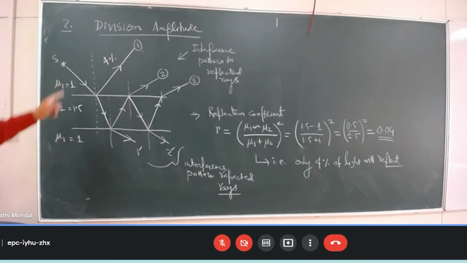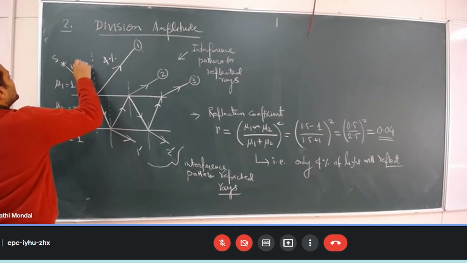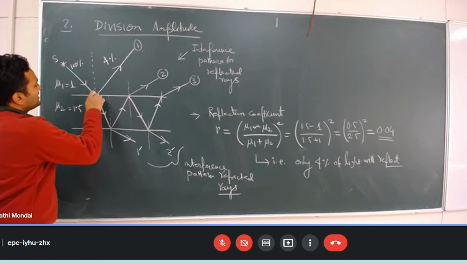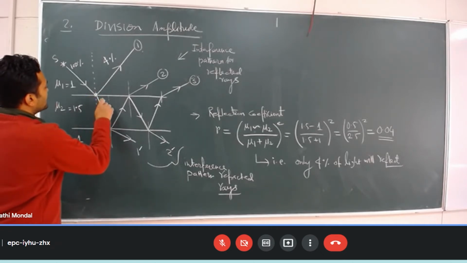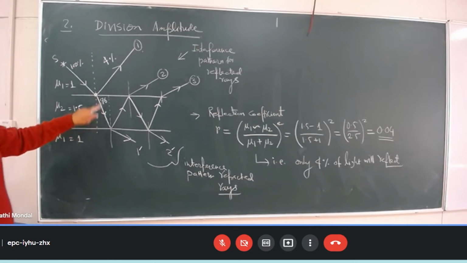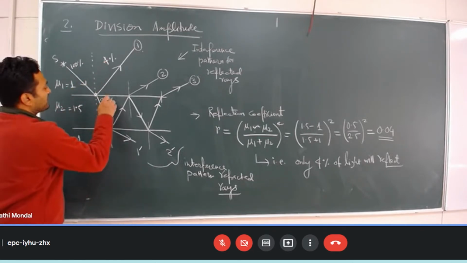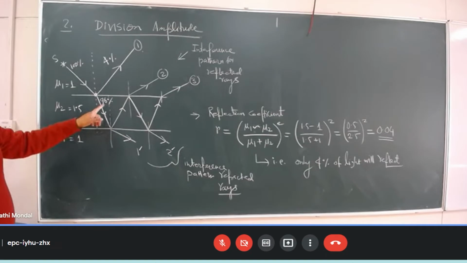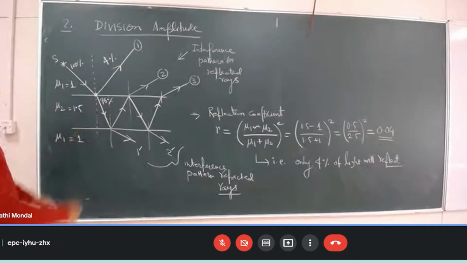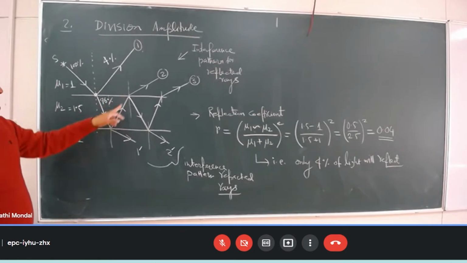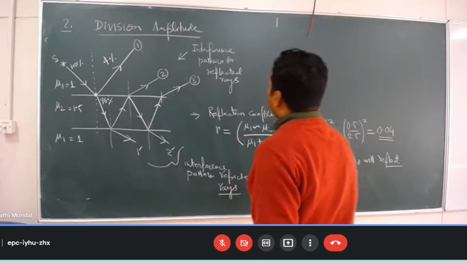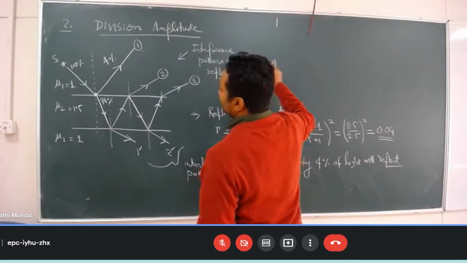So if I say this is 100% of light incident on this point, then 96% will refract, and 4% will reflect. So again, what will happen? 4% of the 96 will reflect here again.